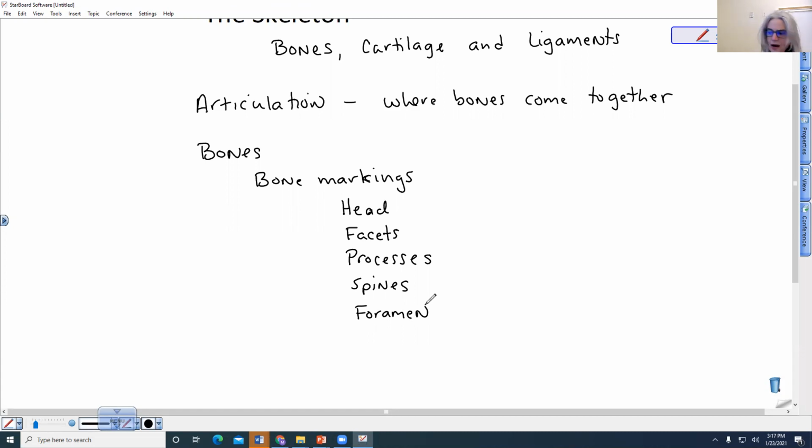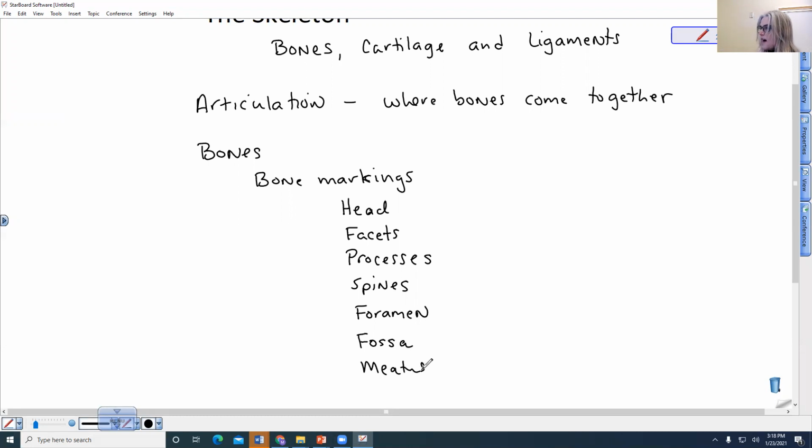We could also talk about fossa, and these are shallow indentations. So a shallow indentation, like the temporal fossa, actually articulates with the condyle on your mandible to make up what is referred to as the temporomandibular joint, or the TMJ. We can also talk about meatus, and a meatus is the opening to a canal.